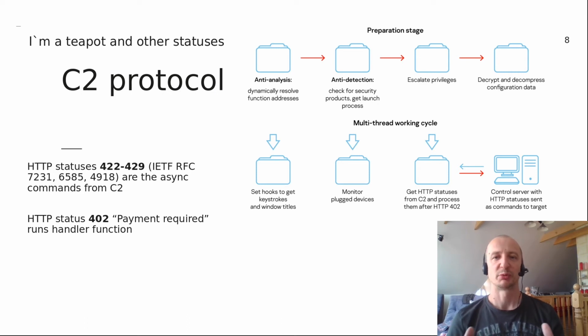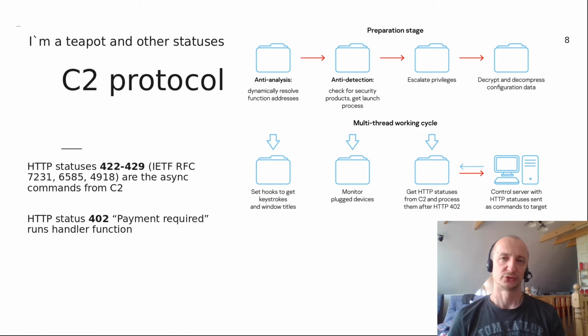And after all the preparation, some threads start. One thread writes down the screenshots and keystrokes. Another one monitors the plugged USB device, and the network one checks the HTTP statuses from the control server.